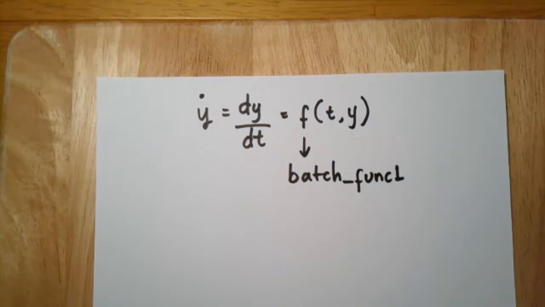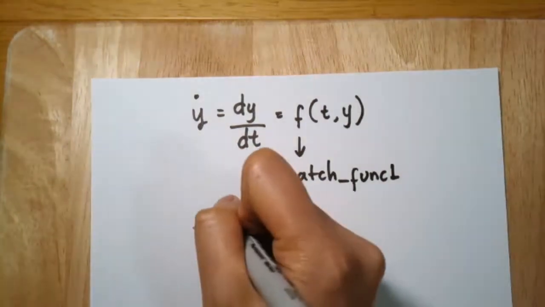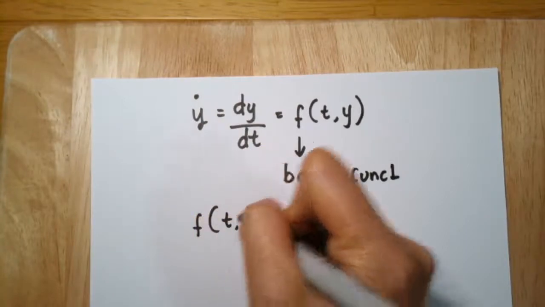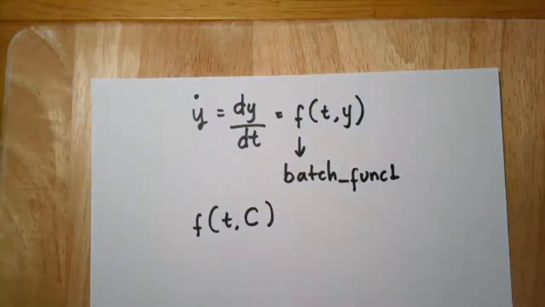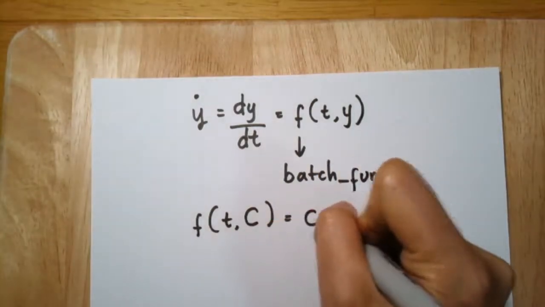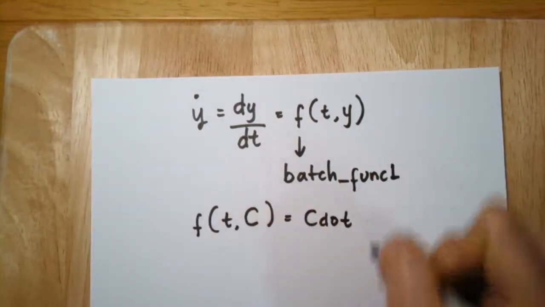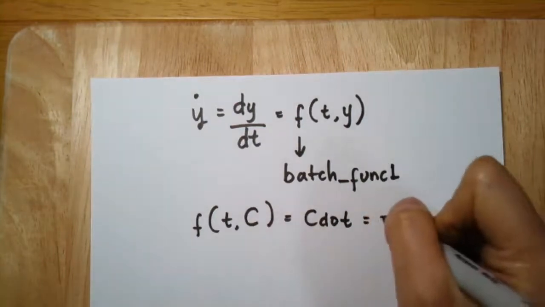Since we defined f of t and our dependent variable is c, this is equal to c dot, equal to negative kc.